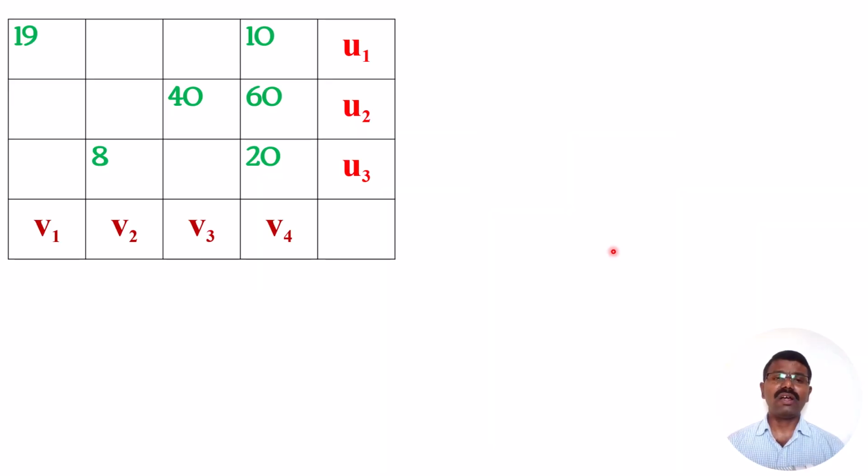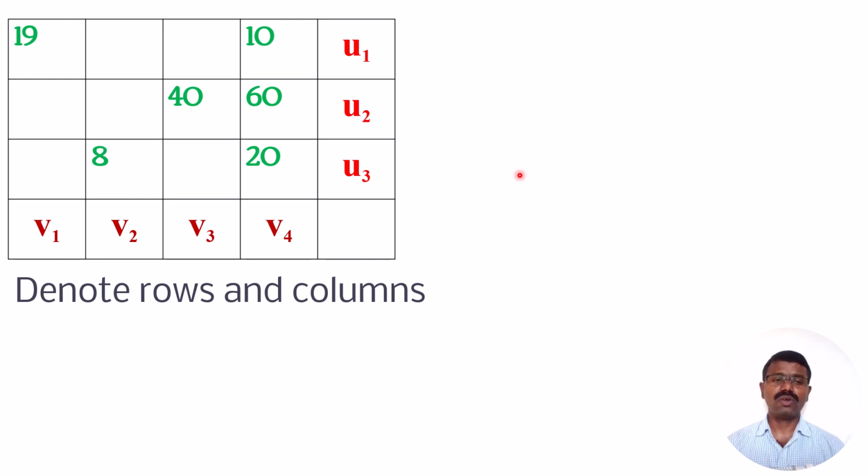Here 19 is an allocated cell, which equals u1 plus v1, so we obtain this equation. Denote rows and columns by this assumption: u1 plus v1 is equal to 19. Here this is an allocated cell again, so 10 is equal to u1 plus v4. You will get another equation.